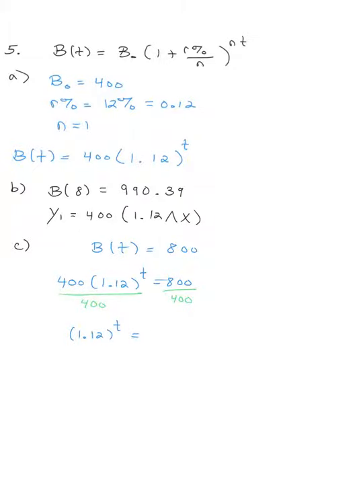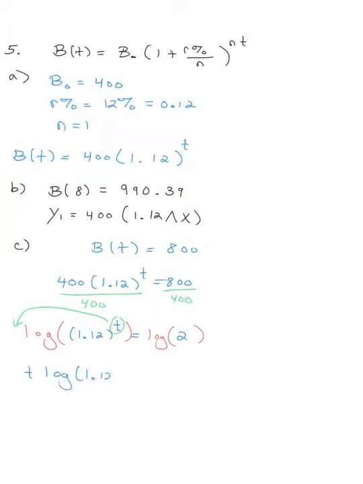I'm going to leave some space in here because the goal is to solve for t by using logarithms. So I'm going to take the log of both sides. On the left, this t moves to the front of the function.